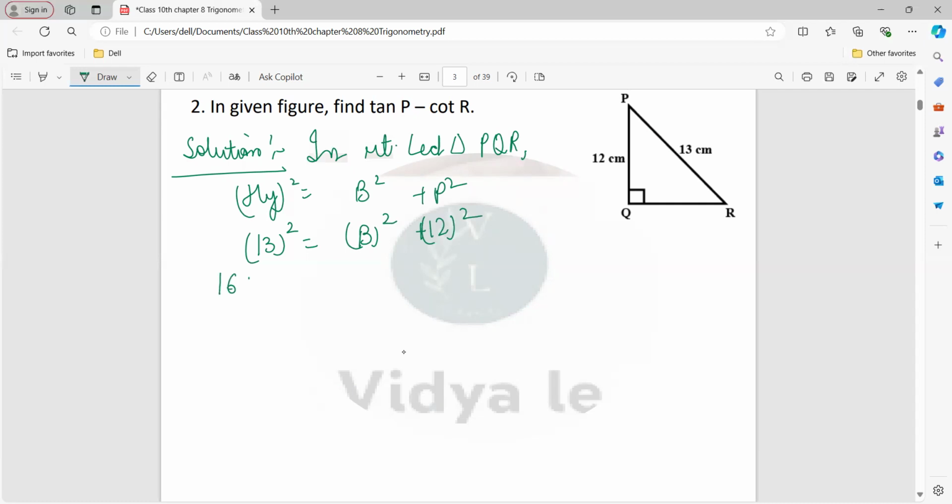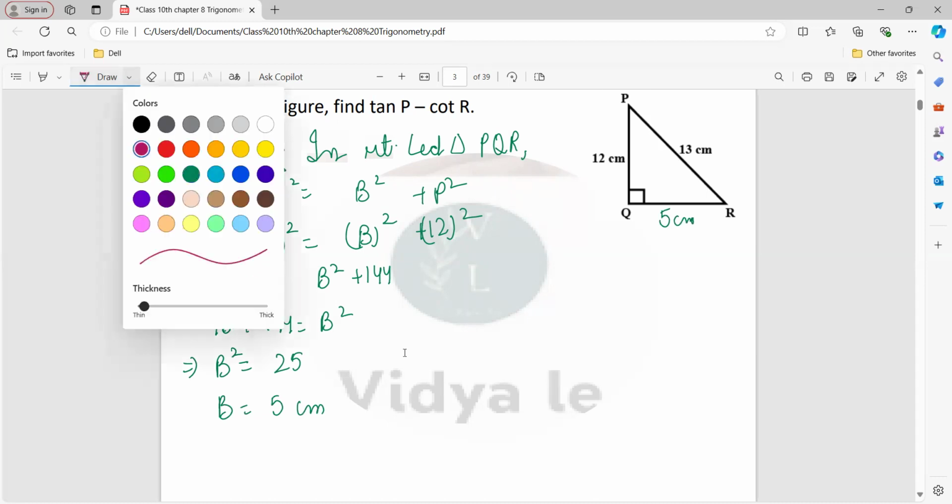So we have 169 equals base square plus 144. So 169 minus 144 equals base square. Base square is 25, so the base is 5 centimeter. Here we got the value of QR, which is 5 centimeter.